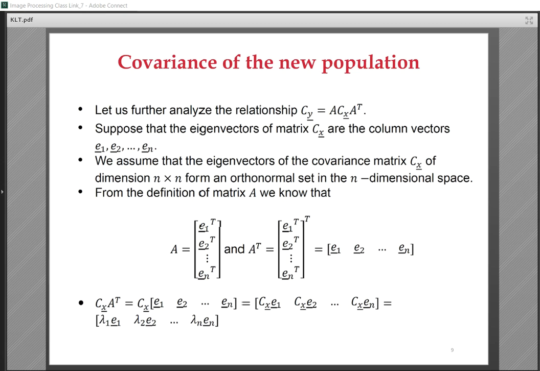Here Cx E1 is equal to lambda 1 E1. Cx E2 is equal to lambda 2 E2. Why?